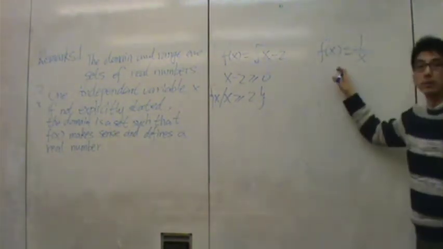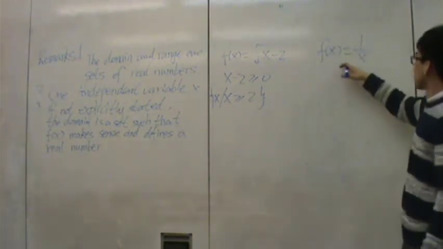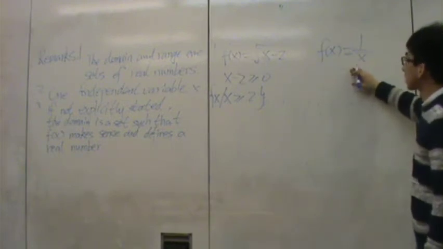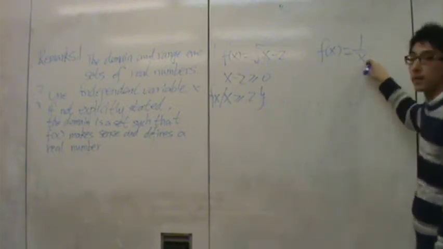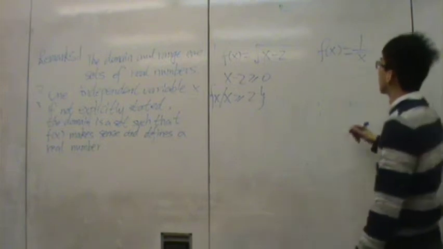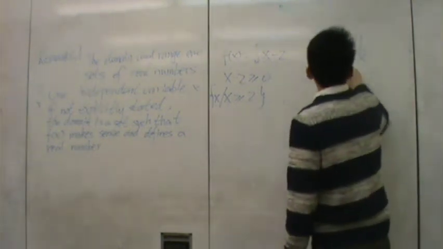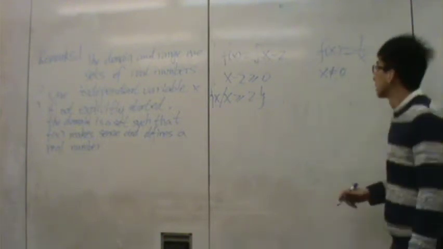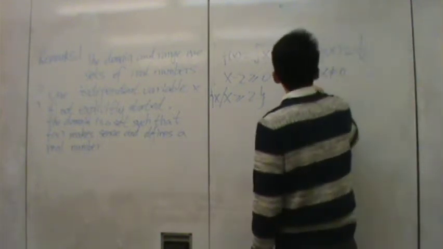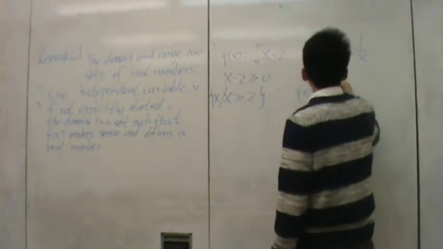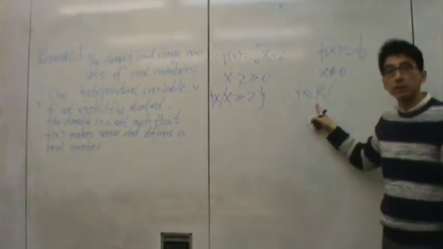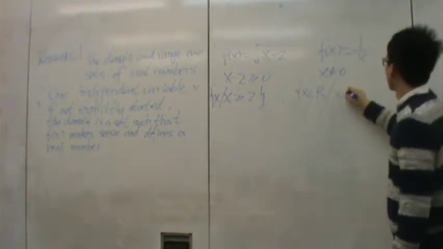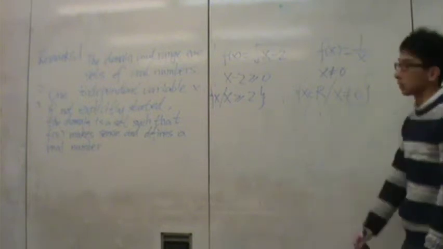How about this one? Yes, for the rational function, the denominator cannot be 0. And it can be any other numbers. So the domain is a set x in R. Here R is a set of all real numbers, such that x is not equal to 0.